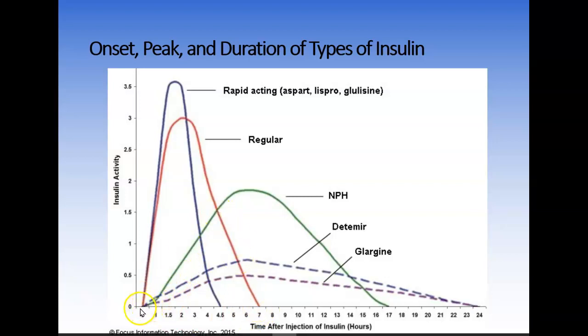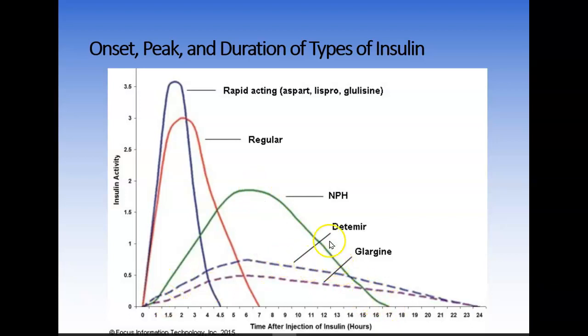So then here we have the NPH, which is a long-acting, and so what you see is the onset, and the onset for these are both very quick, right? Onset for NPH looks like maybe it takes a little longer. As you can see, maybe that's 30-45 minutes. And then it starts to peak here, and then the duration looks like it's approaching 17 hours.